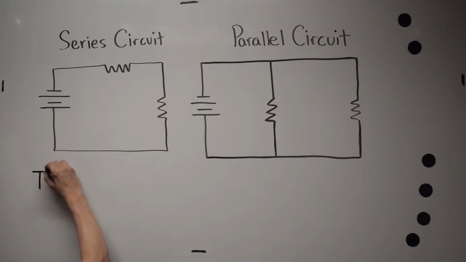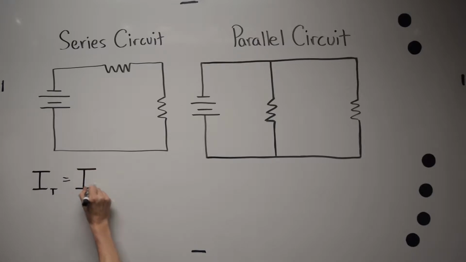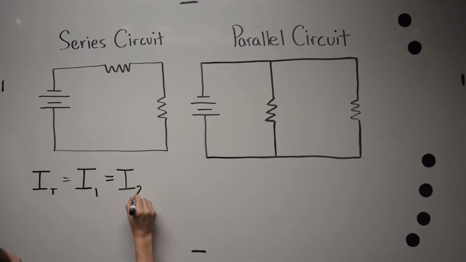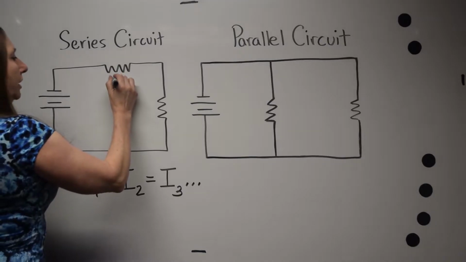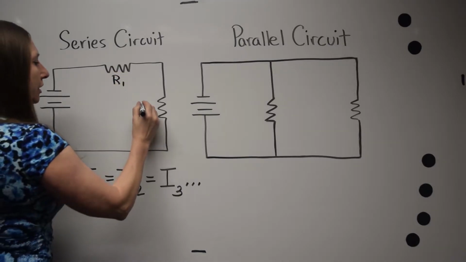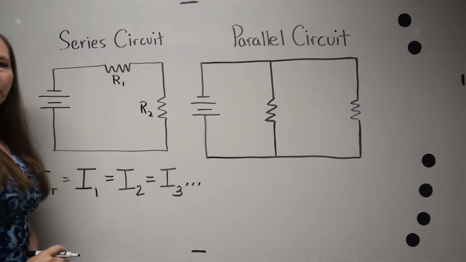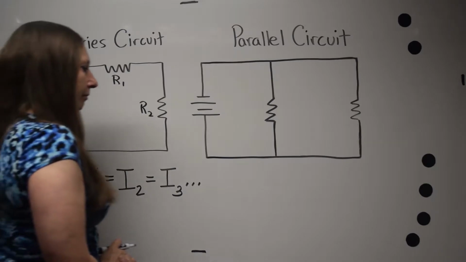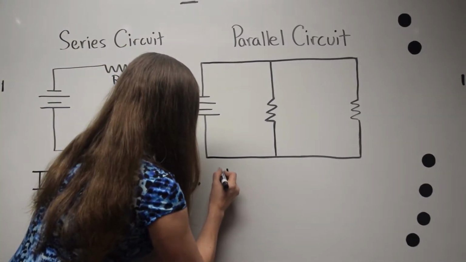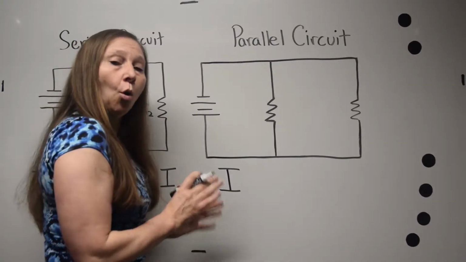The current total is equal to the current through the first resistor, which is equal to the current through the second resistor or component, which is equal to the current through the third resistor, etc. Now, on this circuit, we could call this R1, the first resistor, and we could call this R2, the second resistor.